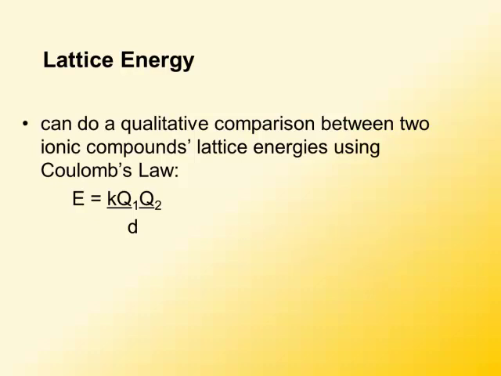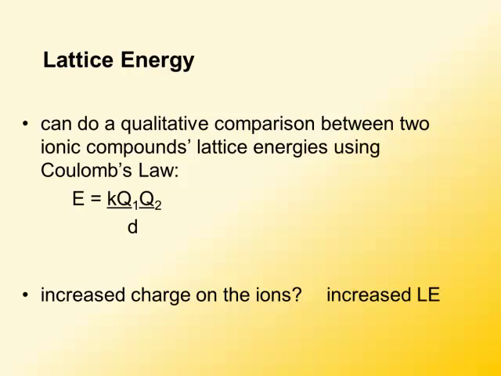Consider the relationships shown by this equation. If you increase the magnitude of charge on the ions, what effect would that have on the lattice energy value? Since the quantity of charge is in the numerator, you will increase the lattice energy. What if you look at ions with greater ionic radii?